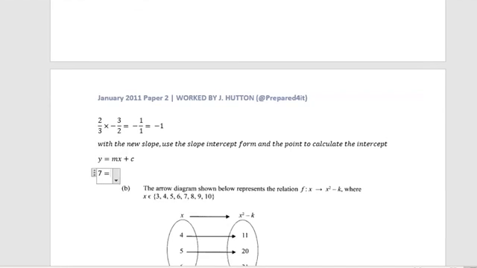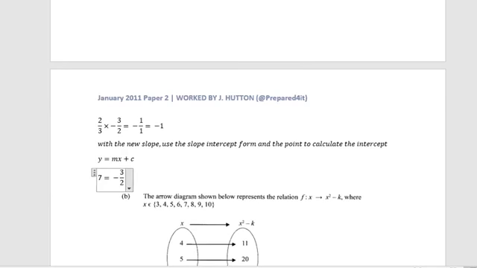As I stated, the first value is always our x value, the second is our y, so y is equal to 7. Our slope is -3/2 and our x value is 4 plus c. By the way, guys, this now is the answer. This is now what we're working out.